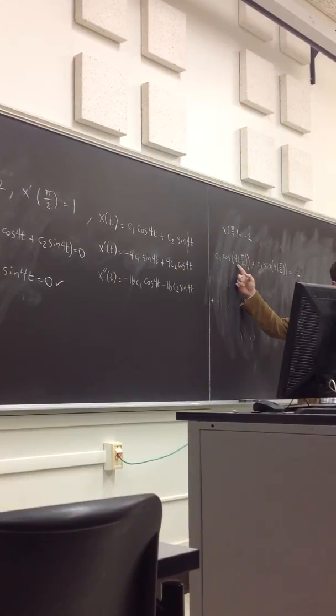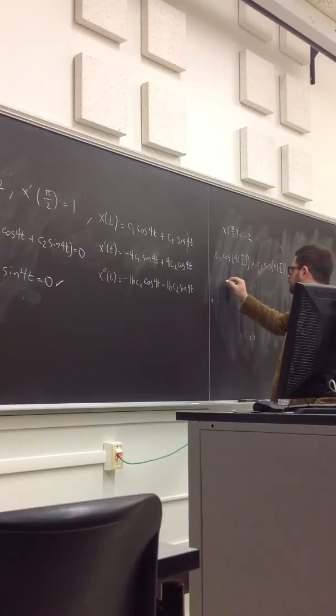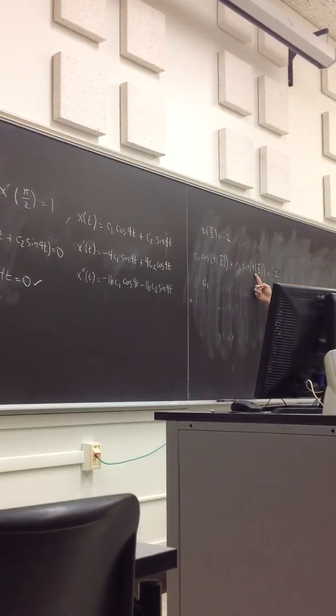Cosine of 2 pi is 1, so this is C1 times 1. Sine of 2 pi is 0. Okay, so this is a pretty simple equation. In general, you'll have a system of equations, so each equation might contain all of the constants, but this one works out pretty easily.